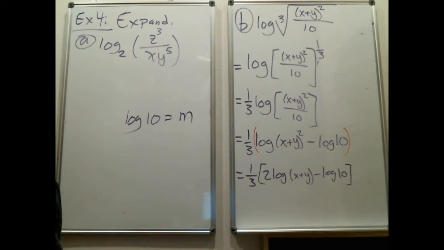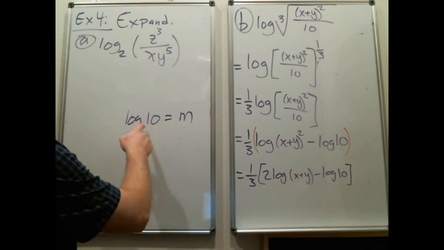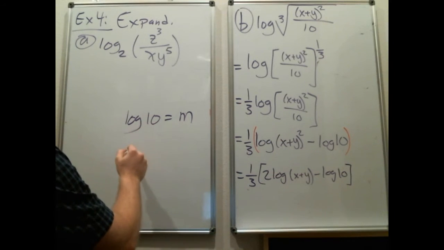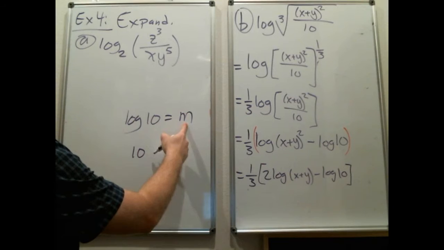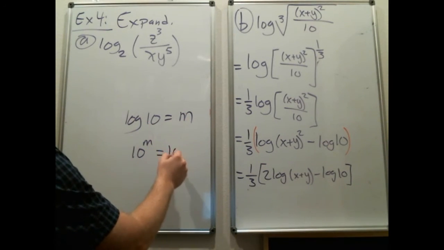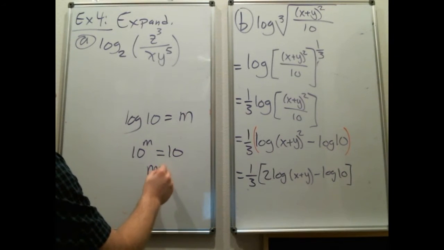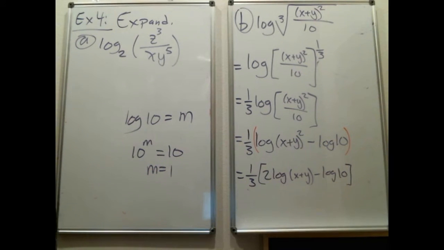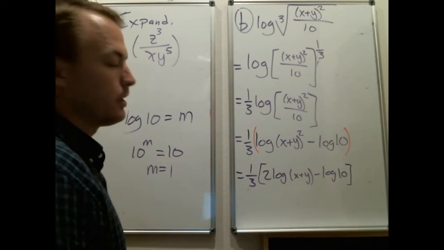So we're in logarithmic form, convert to exponential to get our answer. There's no base written, so that means it's 10. Our exponent is m, and it's equal to what's left over, which is 10. So that tells me m has to equal 1, or this log 10 is 1. So that's what we replace this with, is 1.